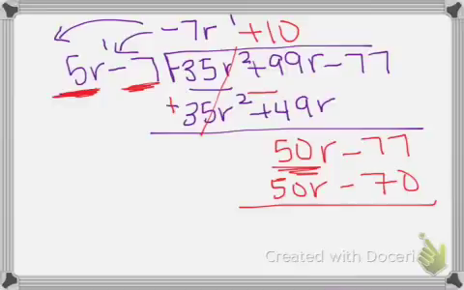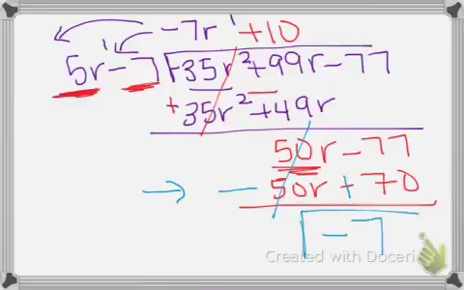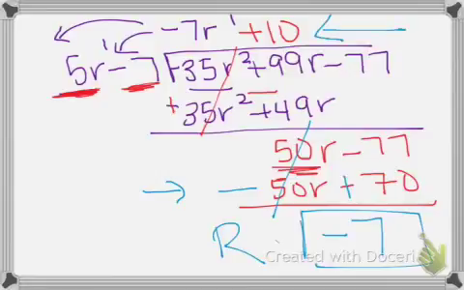Since we want our 50s to cancel, we have to change the signs on this line. And as soon as you get a lonely number, you have your remainder, which is negative 7, and your top answer above the division bar.